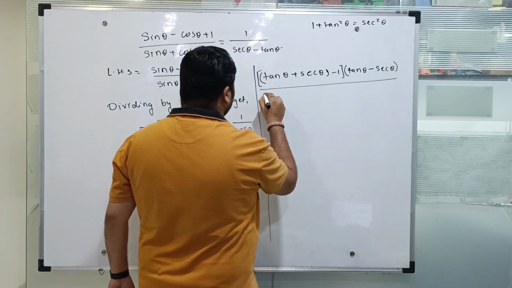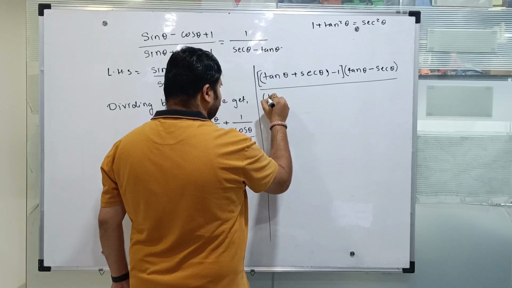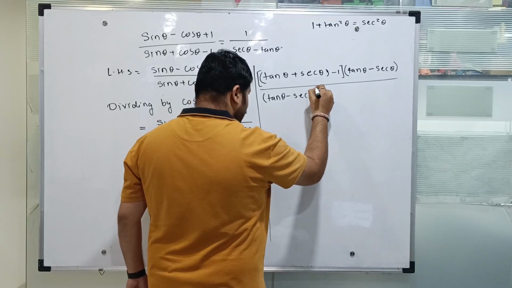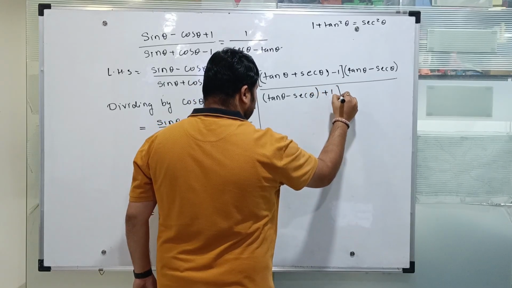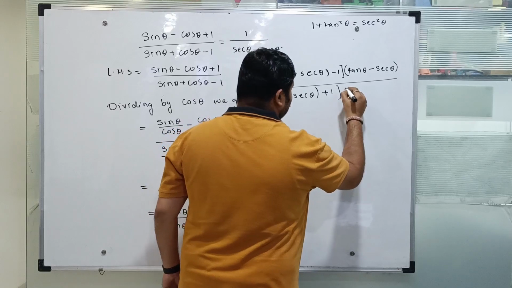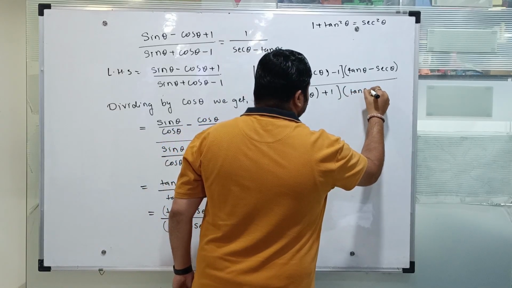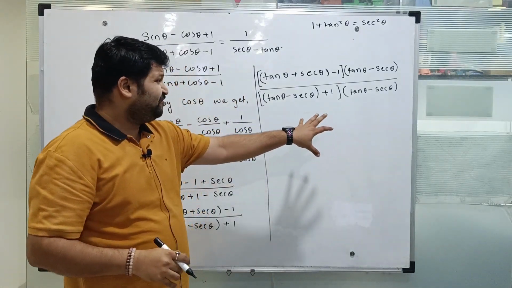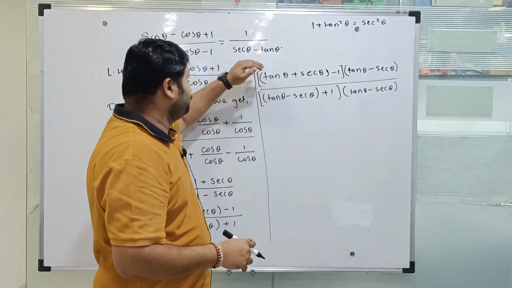And the denominator also I do the same thing, tan theta minus sec theta plus 1 gets multiplied by tan theta minus sec theta. Now this is a relief because this is what I want to prove.